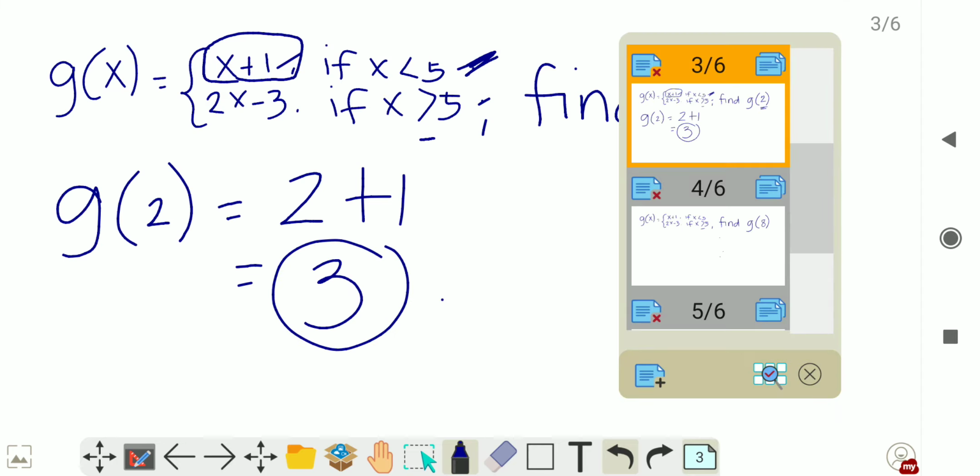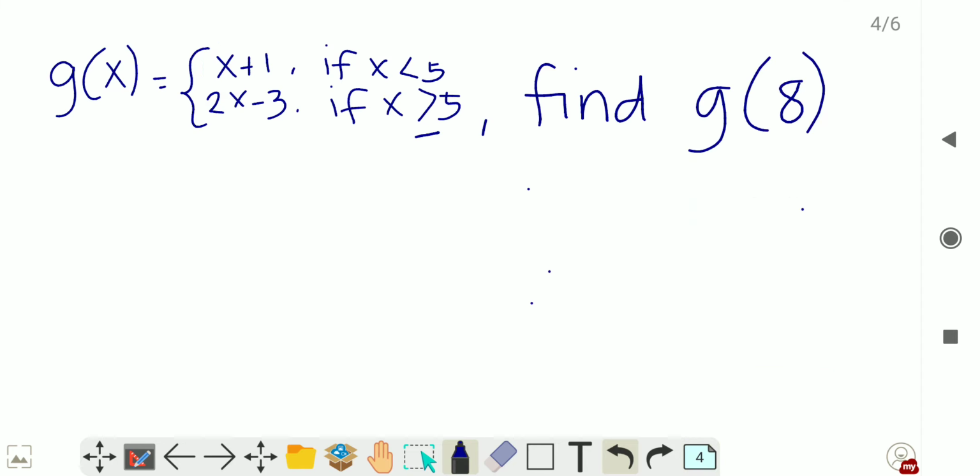Next, we will find g of 8, where g of x is x plus 1 if x is less than 5, and 2x minus 3 if x is greater than or equal to 5. This time, the value of x is 8. Again, we compare that to our intervals.